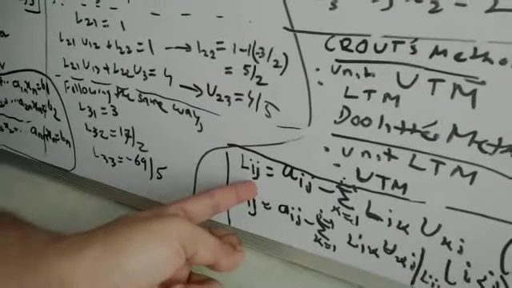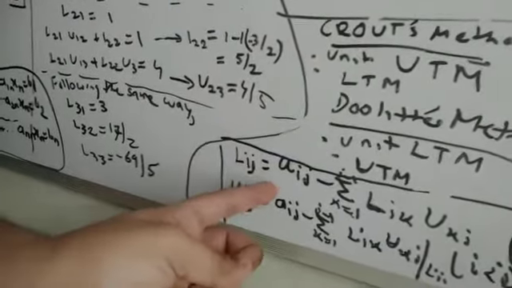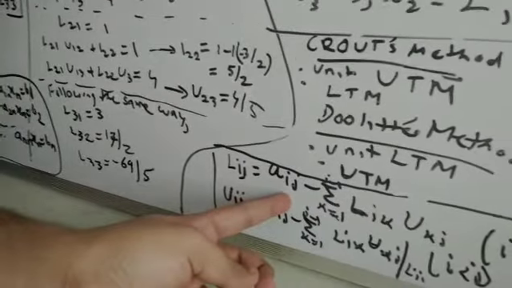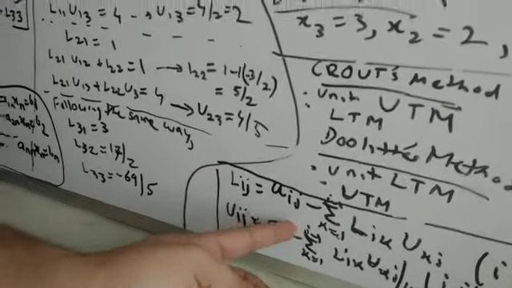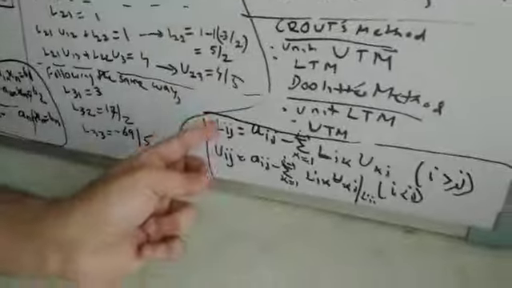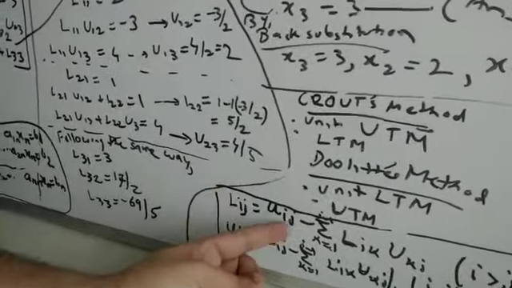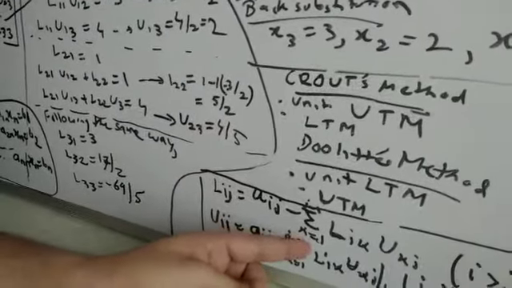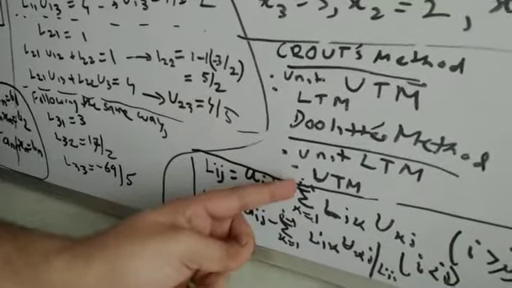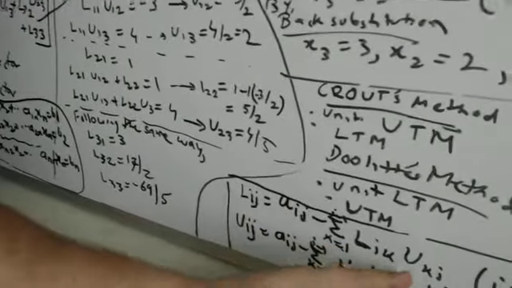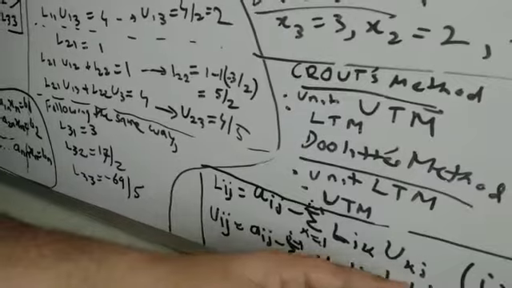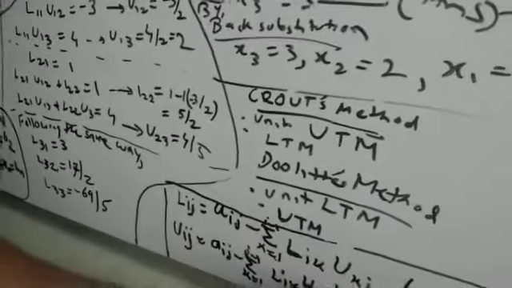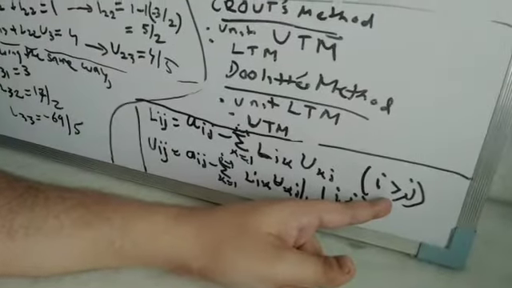Lij is equal to Aij, where A means the coefficient matrix, minus the summation of k equals 1 to j minus 1 of Lik Ukj. And note here that i should be greater than or equal to j.